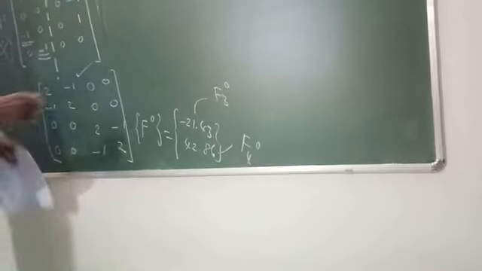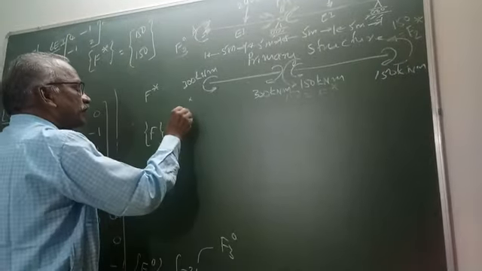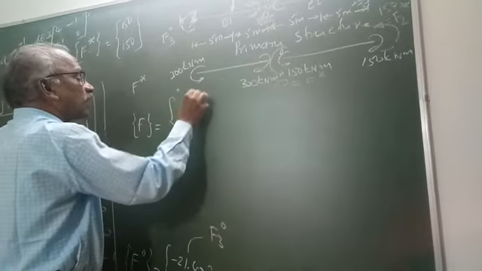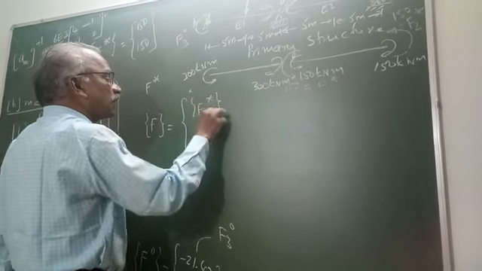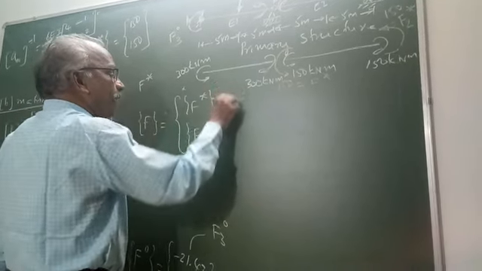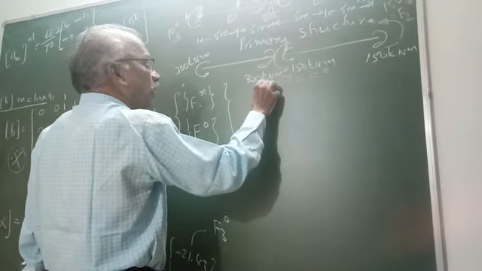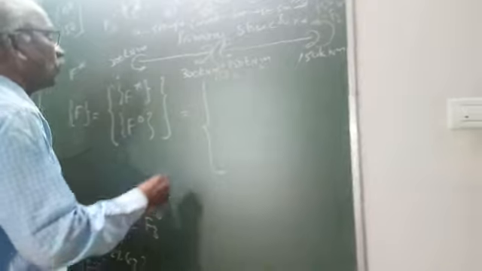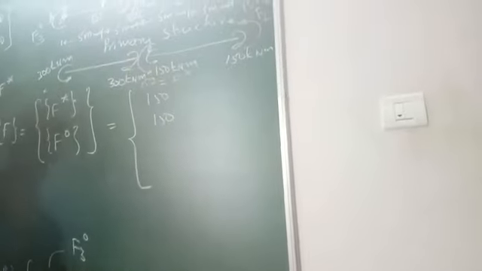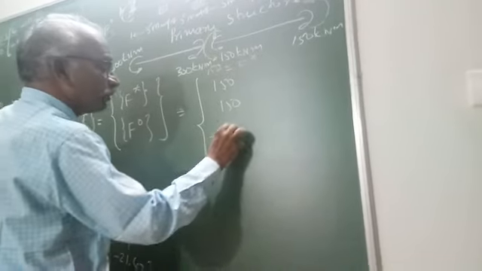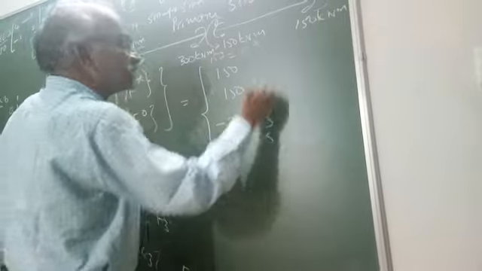And therefore now the force vector F equals F star and F naught, equal to 150, F1 star, F2 star, F3 naught equal to minus 21.43, and this is 42.86.